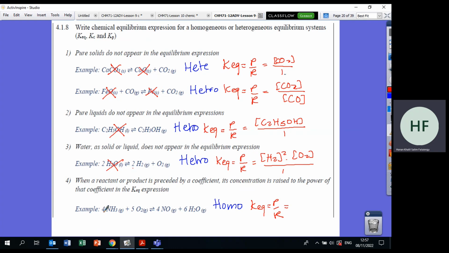Here nobody will be cancelled because all of them are gases. So I will start with this. 4NO will be NO power 4. 6H2O will be H2O power 6, over NH3 will be NH3 power 4 and O2 will be O2 power 5.